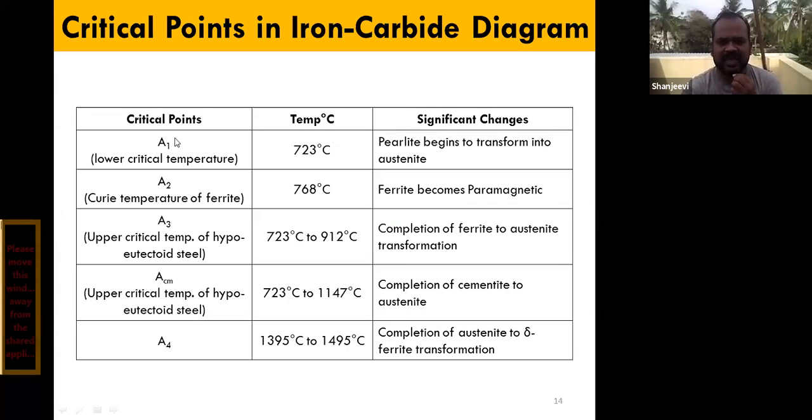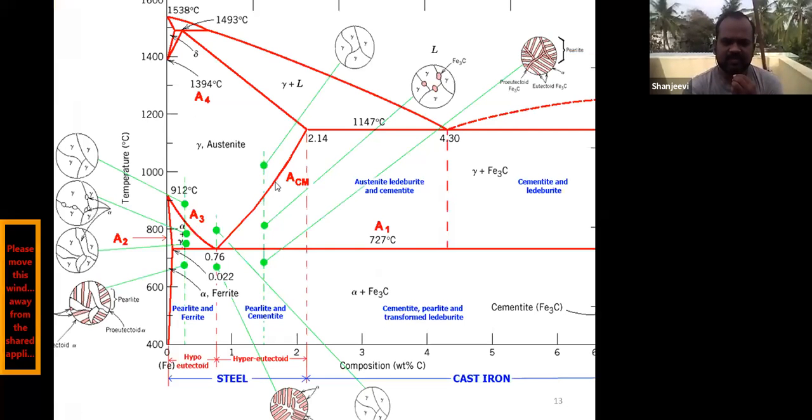The temperatures are: A1 is 723 degrees Celsius, A2 is 768, A3 is 723 to 912, Acm is 723 to 1147, and lastly A4 is 1395 to 1495. You can see here A2, A3, Acm, A1, and A4. These are the important critical points.